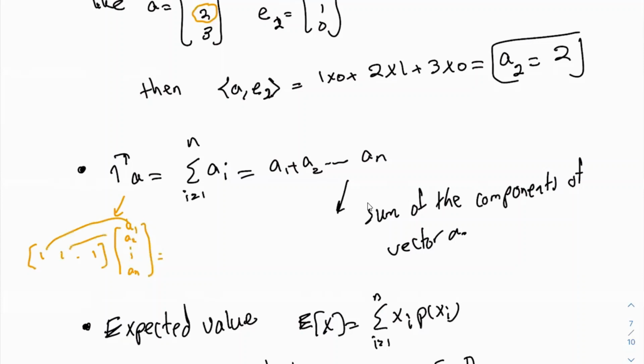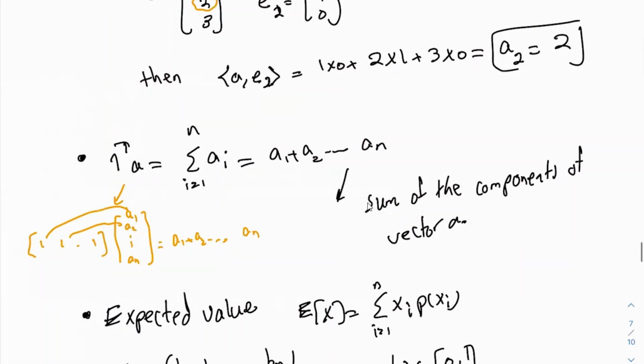This multiplied by this, you get what? a1 plus a2 plus an. So if one of the vectors is the one vector, regardless of whatever the other one is, you get the sum of the elements of the other vector, right? So it's very important to show it mathematically. How do you show the sum of the elements of a vector? You just take the dot product with the one vector. Okay, good. Remember that.